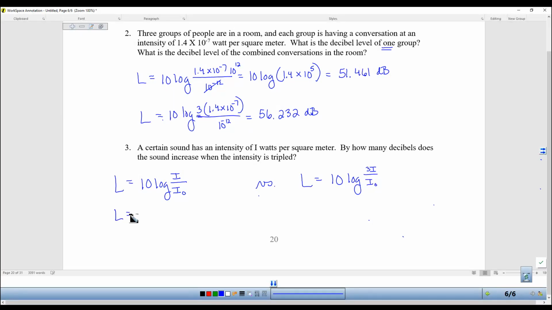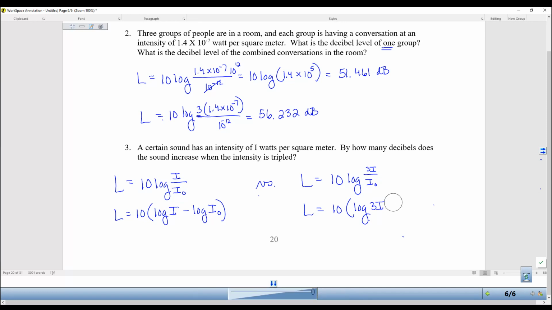So if I use the properties of expanding, then I can change this to 10 times log of I minus log of I sub 0. And on this one, 10 times log of 3I.